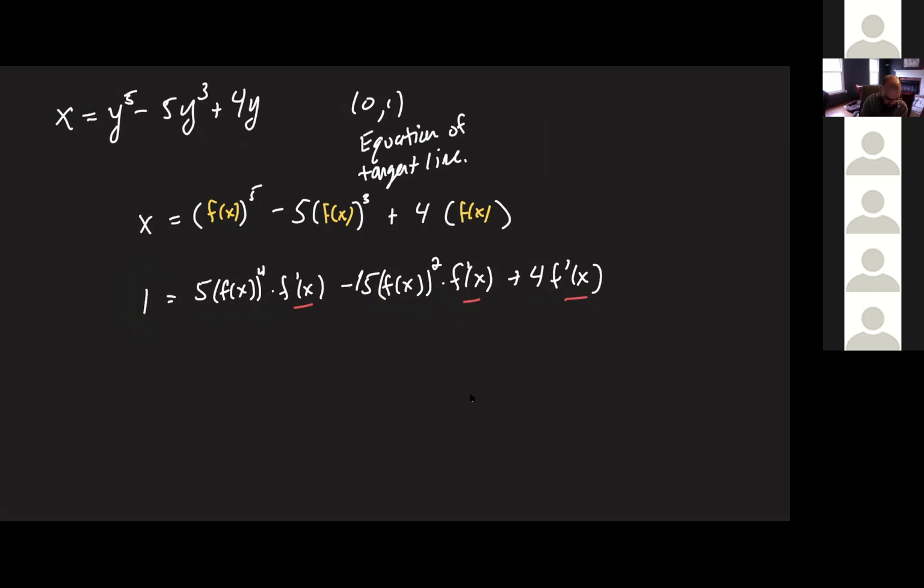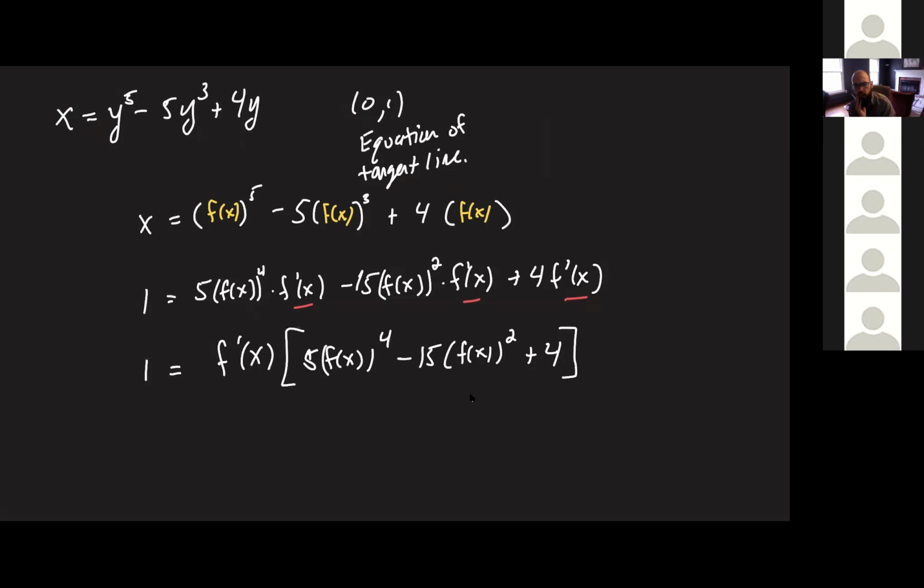So we're good. We don't need to rearrange. I'm just going to go ahead and factor it out. So I get one single f prime of x times a bunch of stuff: 5 f of x to the 4th minus 15 f of x squared plus 4.